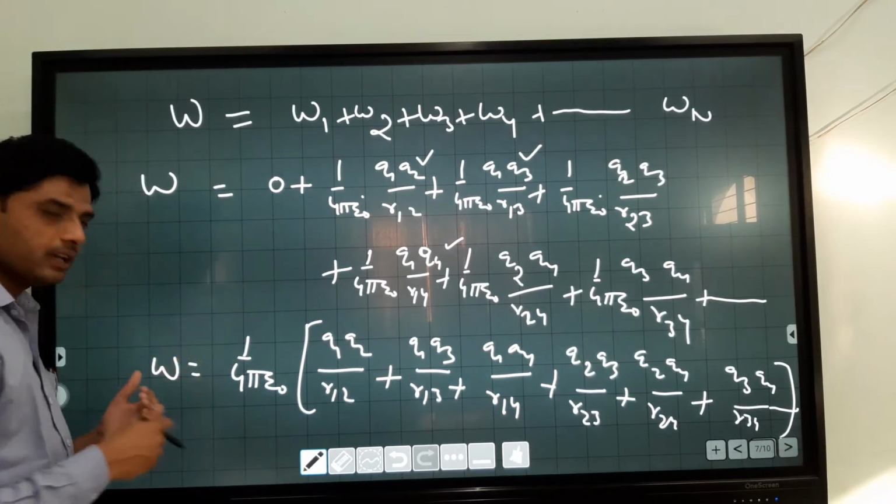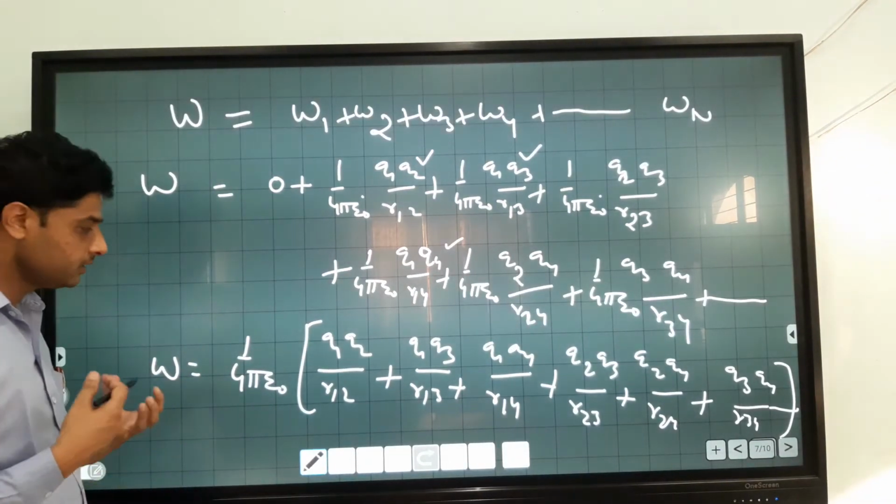This work is done the same as the potential energy in a system.